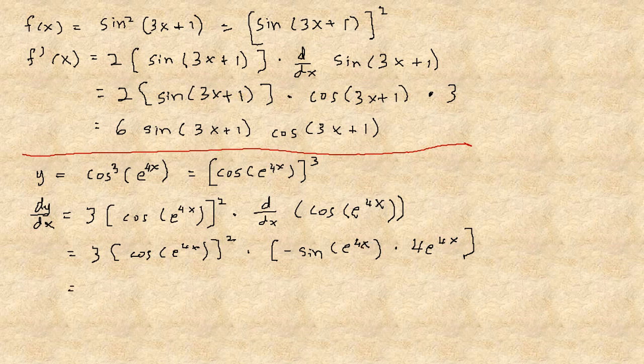Then simplify our answer, we get negative 3 multiplied by 4, negative 12, exponent 4x, cos e to the 4x to the power of 2, multiplied by sine e to the 4x.